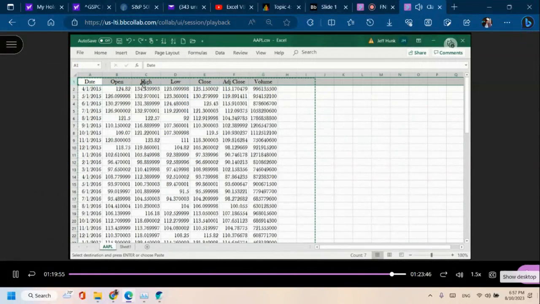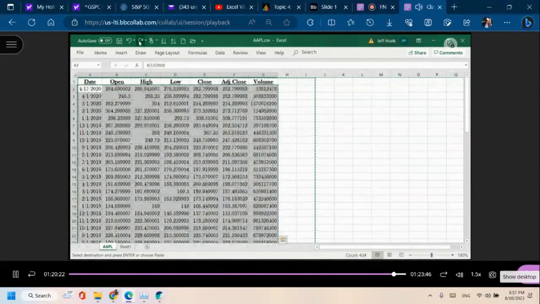I centered and underlined these labels. Then I sorted it also. This was in ascending order, but I sorted it into descending order because I want the most recent price to come on top.